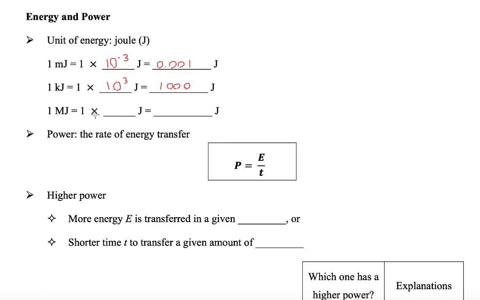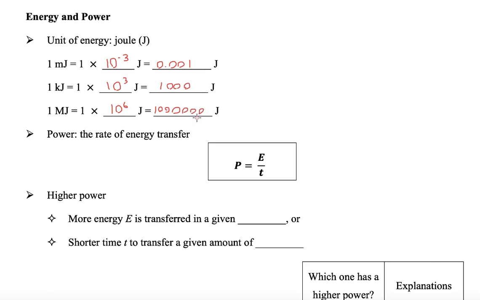And then the last one would be 1 megajoule, which is an even greater unit of energy, which is 1 times 10 to the power of 6 joule, which is how many 0s? 1, 0, 0, 0, 0, 0, 0 joule.